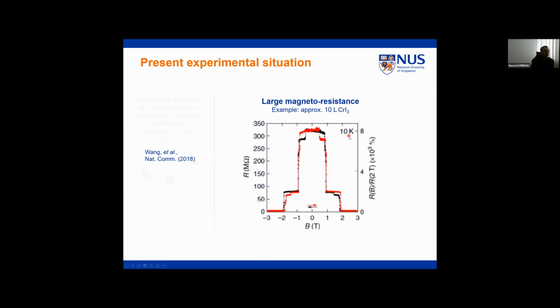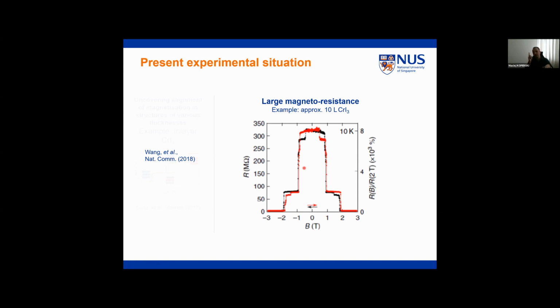And then when you measure the resistance as a function of magnetic field, you see similar jumps as you see in the optical methods. And also in that way, you can recreate these jumps by developing simple models where you say that the resistance of the film depends on the magnetization in the layer.